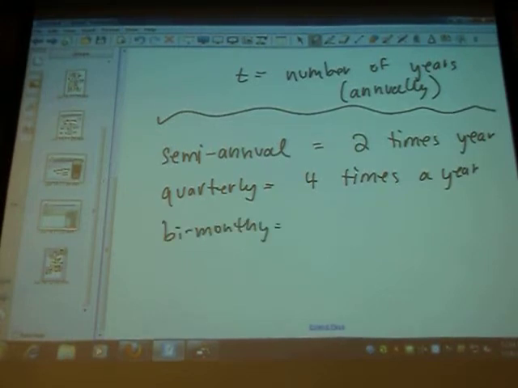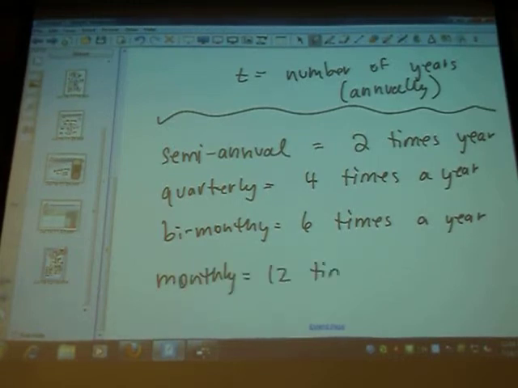Bi-monthly is 6 times a year, every other month. And then monthly would be every month, so 12 times a year. And when I say times a year, that means how many times a year are you being paid interest? So how many times are they doing calculations?